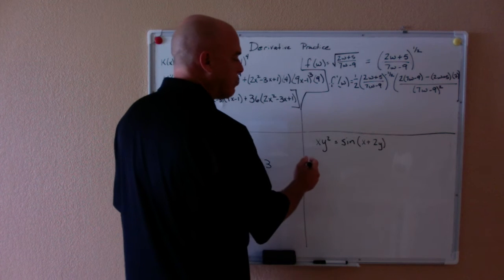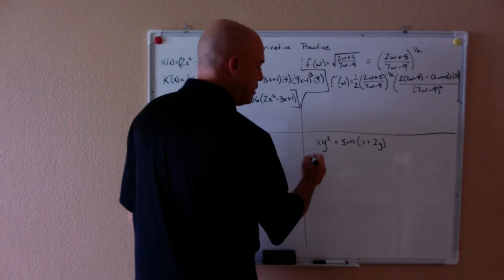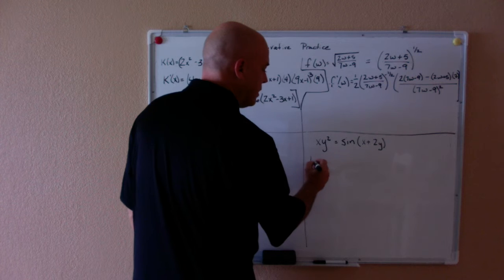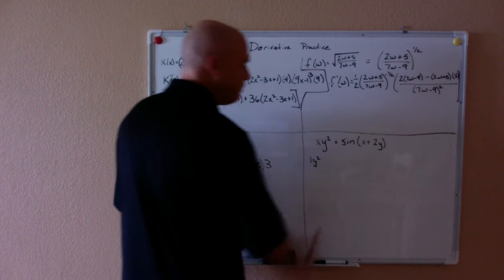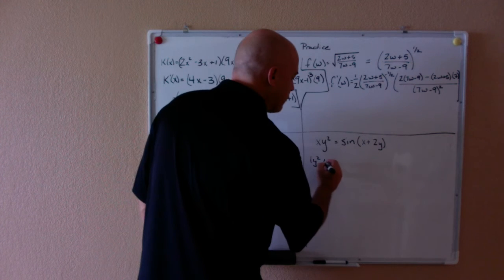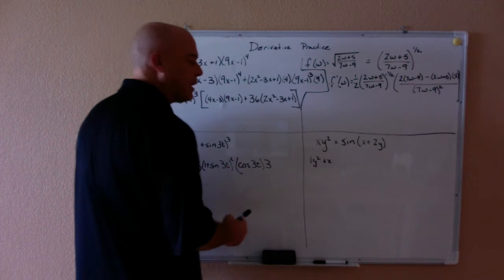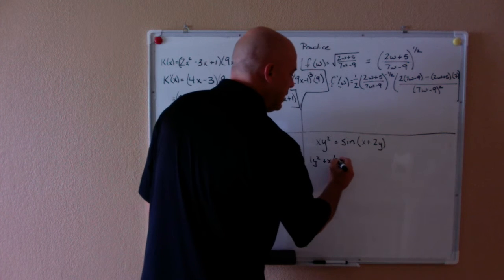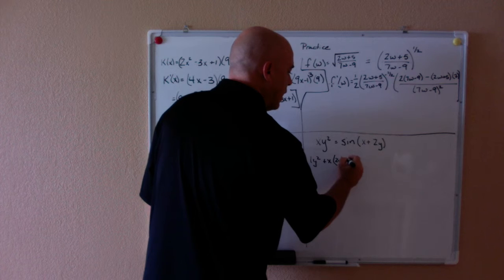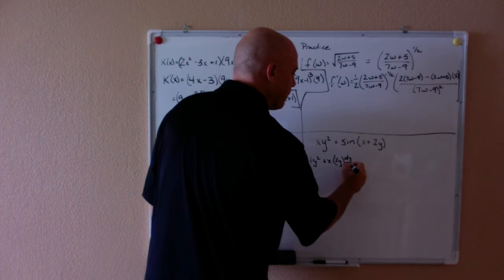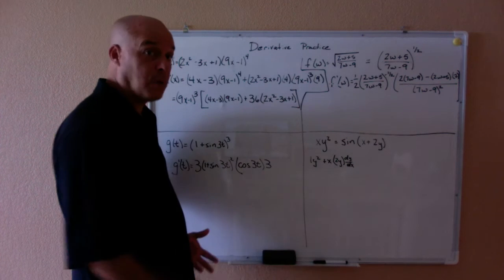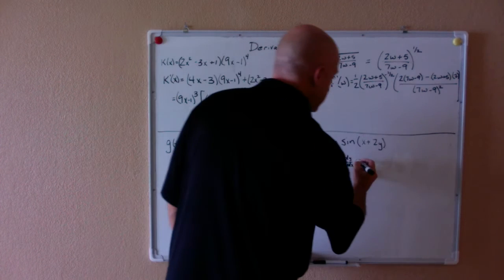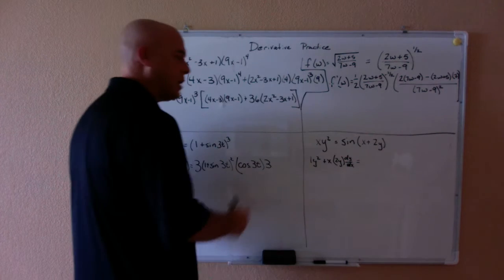Again, using the product rule here, the derivative of the first function, the derivative of x is 1 times the second function, plus the first function times the derivative of the second function. That's going to be 2y times dy dx, or y prime, depending on which notation you're choosing to use here. So there's the derivative of the left side.